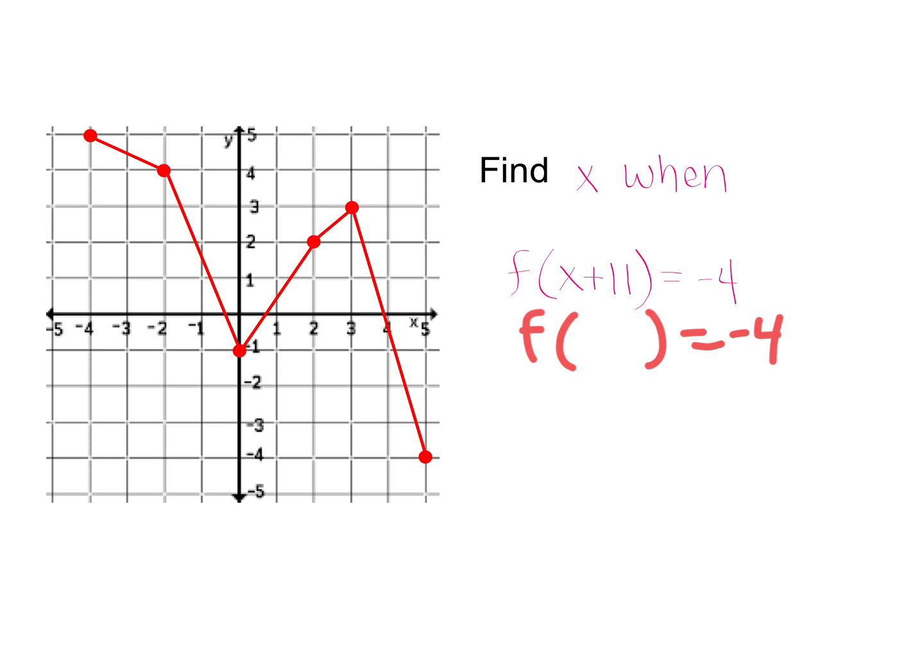All right, moving on. On this one, f of x plus 11, negative 6 was the answer.